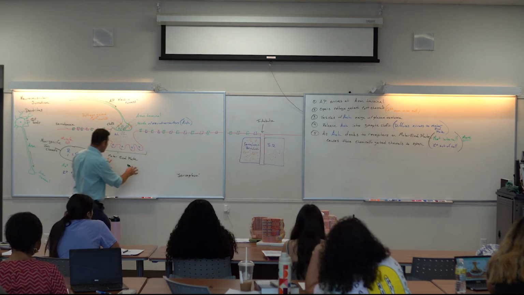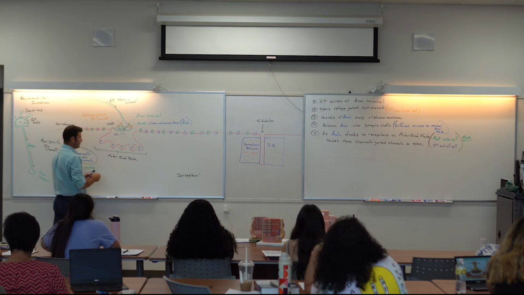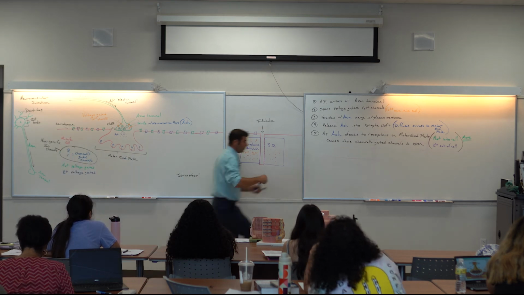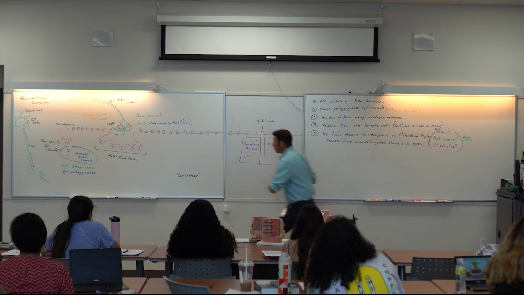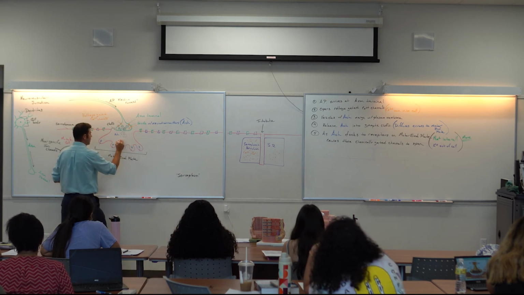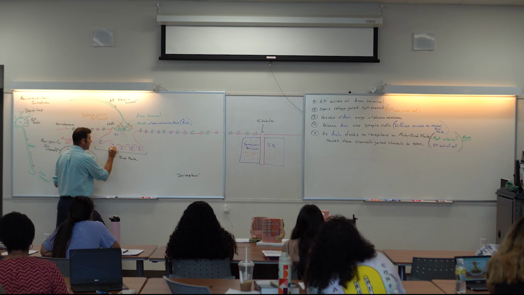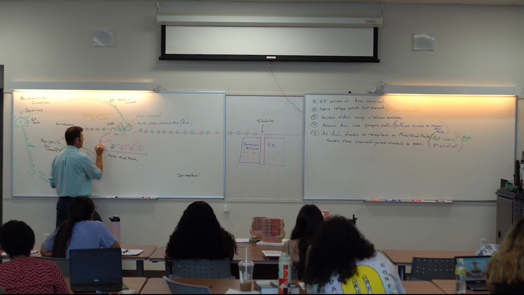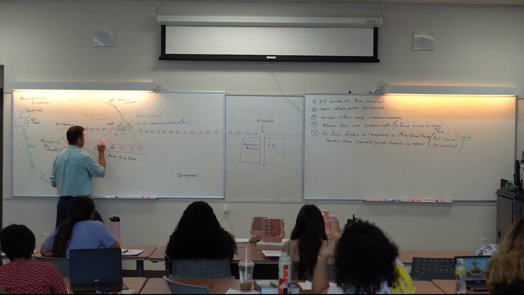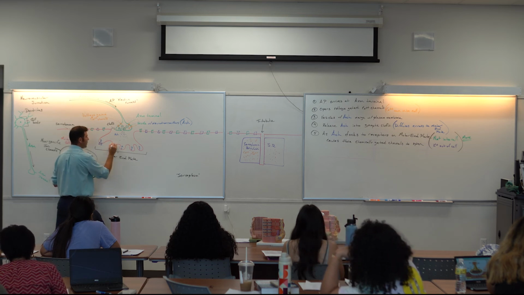So what that causes right here in this motor end plate, I'll just try and draw this and catch up with my words. What we're saying is this acetylcholine comes down here, it docks to these receptors on the motor end plate. When that happens, it causes this little channel to open up. Put a little neurotransmitter on that one.